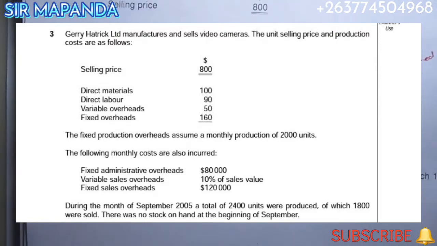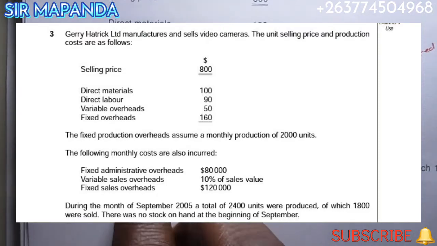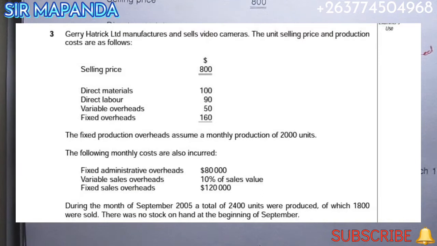Right. Here comes another information. The following monthly costs are also incurred. Fixed administrative overheads 80,000, variable sales overheads 10% of sales value, fixed sales overheads 120,000. Right? During the month of September 2005, a total of 2,400 units were produced, of which 1,800 were sold.